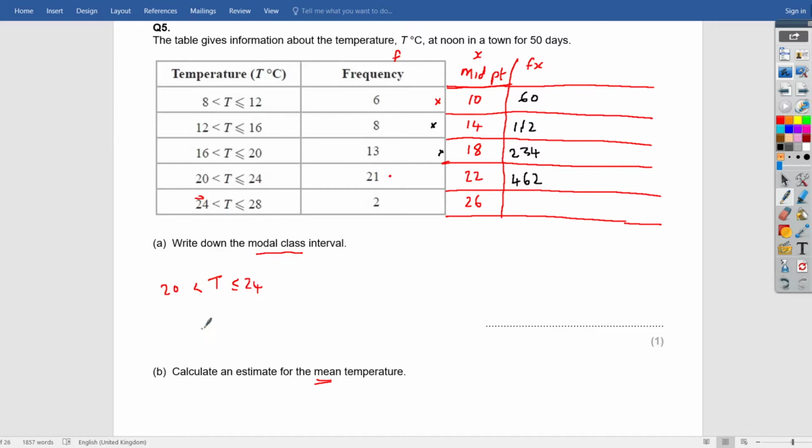And I've got 2 days with an average temperature of 26, and that's going to give me 52 degrees. So this column is giving me the total temperature in all the days. If I add all this up, 60, add 112, add 234, add 462, and 52, that gives me a total of 920.